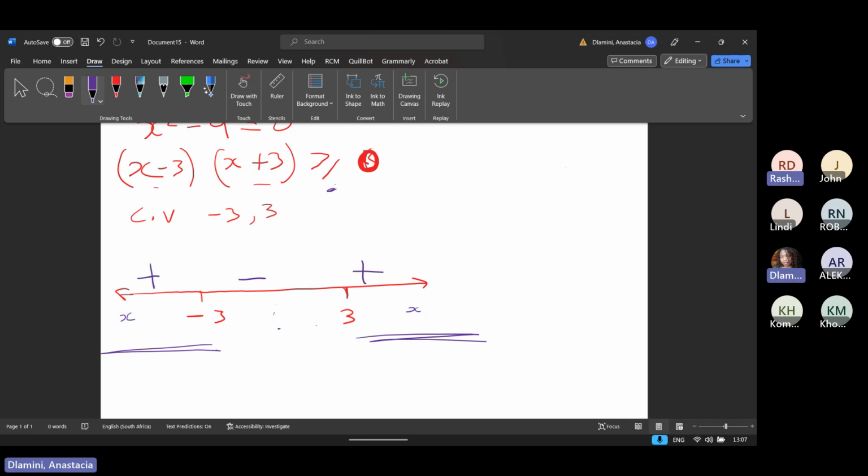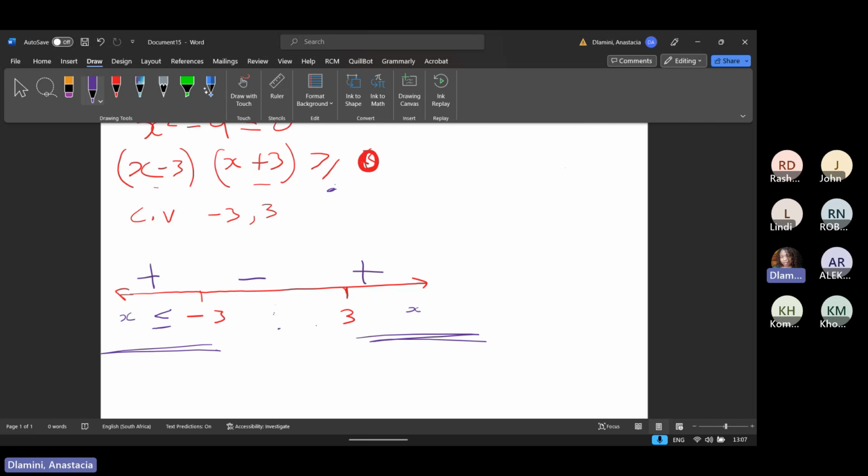Someone said something. -3. Why will it eat -3? Because the x, it might be -4. So the -3 comes before the -4. Thank you. It means the shark will eat -3. So it's greater than or equals to, because there's an equals to there.